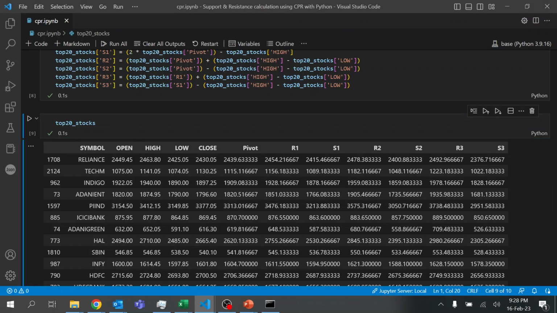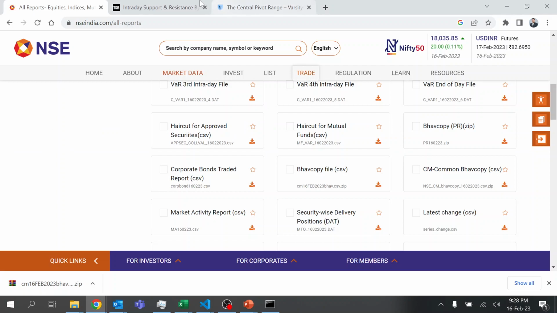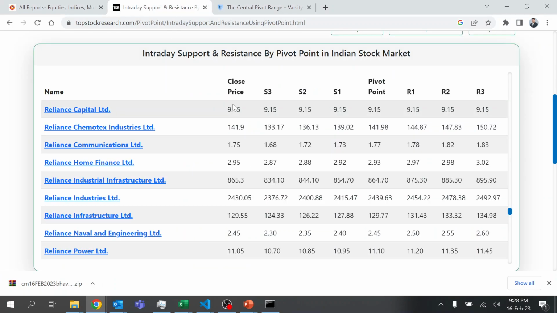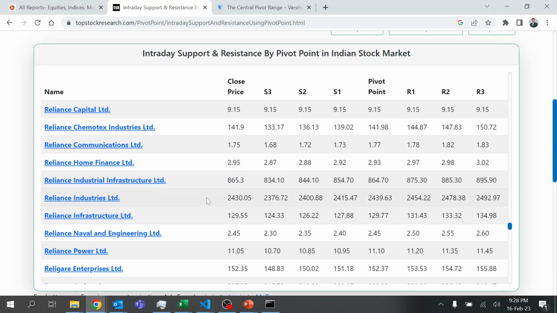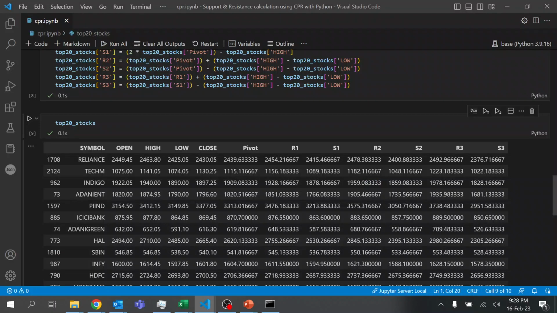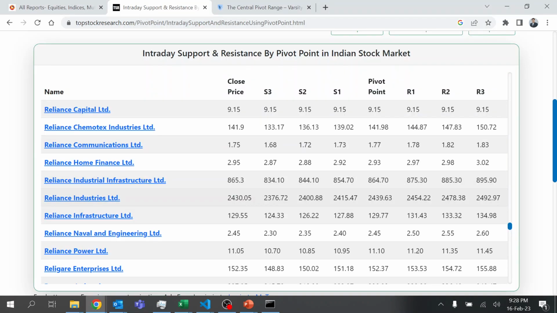If you are someone who is following me, you will know that I'm a data scientist and I focus mainly on data a lot. I want to make sure that everything is in place perfectly or not. Now let's check only one stock. Let's check for Reliance. Reliance is already on top, right? Reliance's close value is 24030. Good.